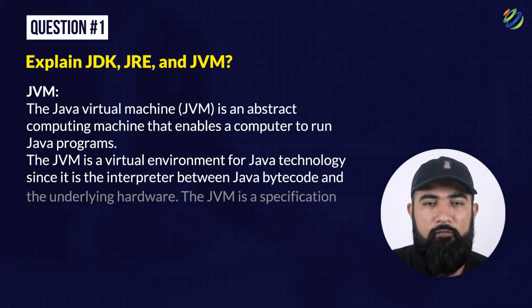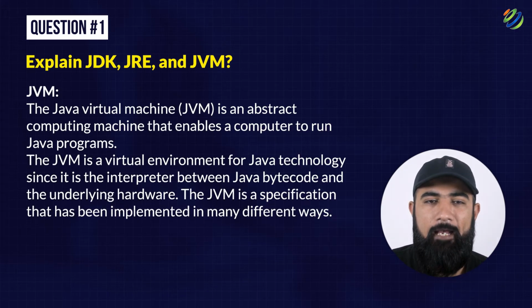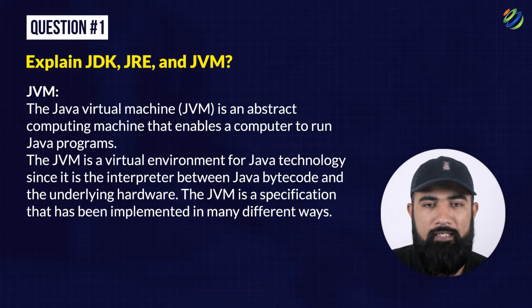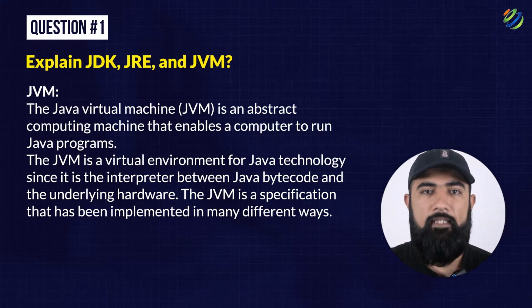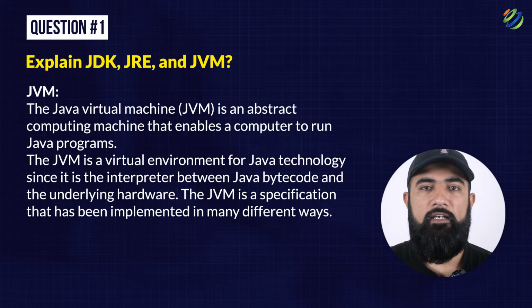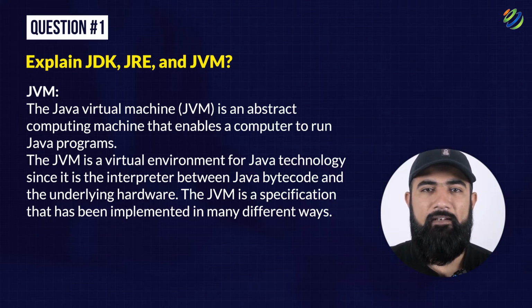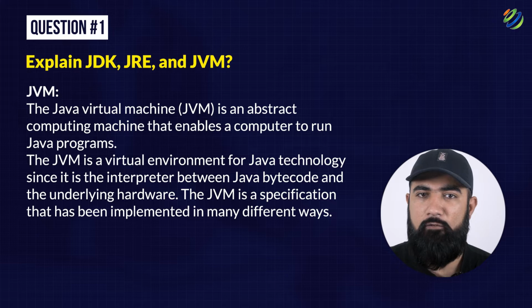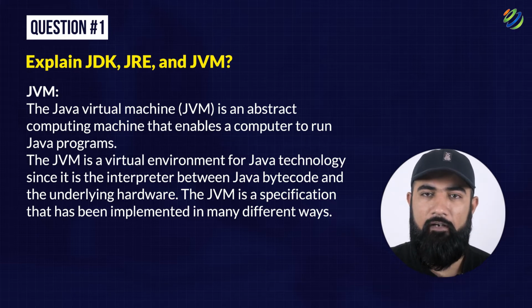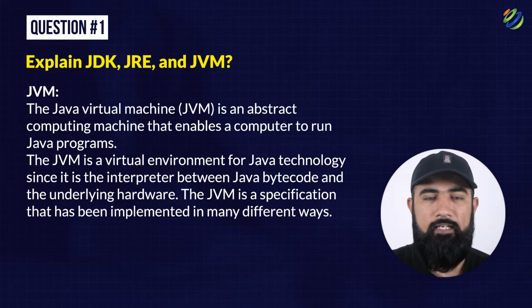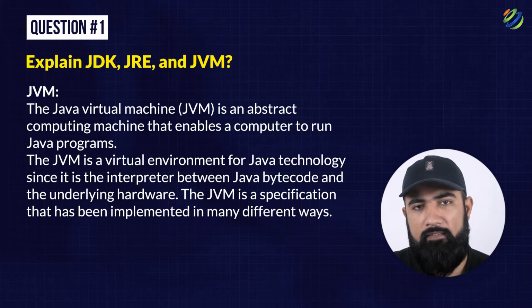The Java virtual machine is an abstract computing machine that enables a computer to run Java programs. The JVM is a virtual environment for Java technology since it is the interpreter between Java bytecode and the underlying hardware. The JVM is a specification that has been implemented in many different ways.